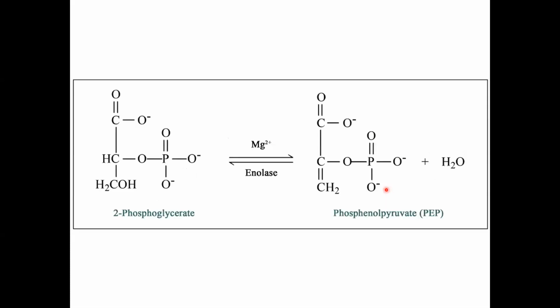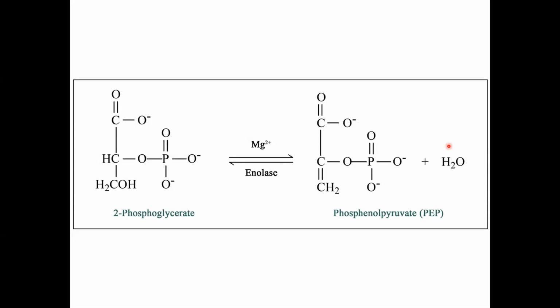Okay, so now we have step 9. So our 2-phosphoglycerate is going to become phosphoenolpyruvate, and this occurs by the enzyme enolase. Water is going to be produced in this reaction.